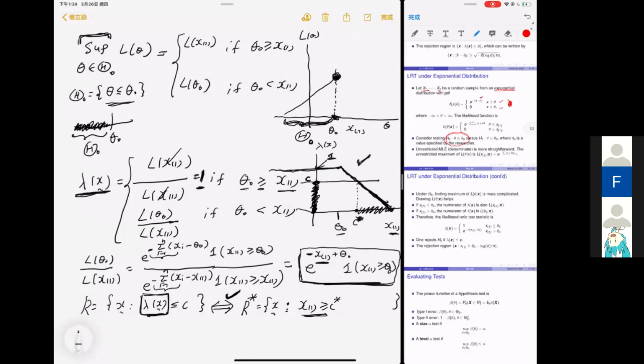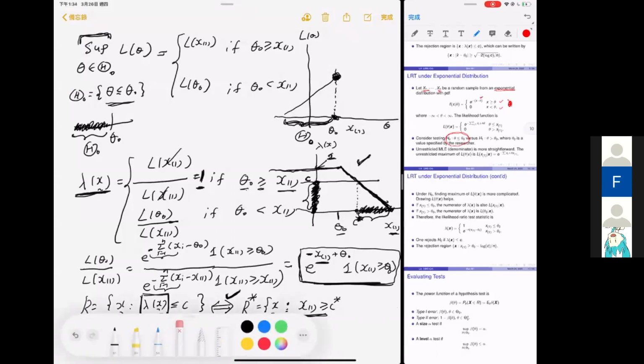Every point smaller than c right here maps to this point right here. You see that? Okay, great. So that means if I claim lambda x smaller than c, equivalently I claim x1 bigger than c star. Okay, good. Thank you.